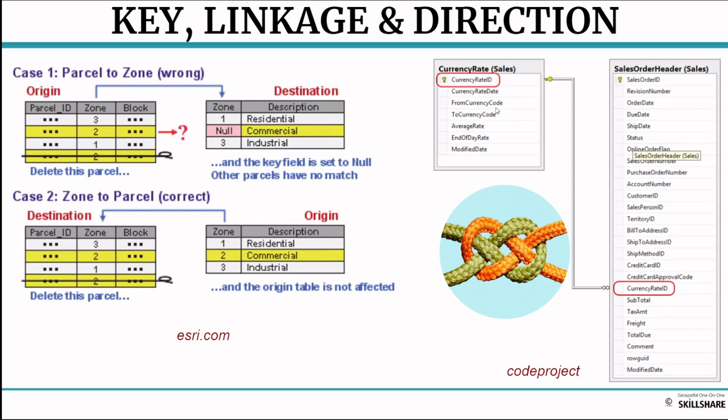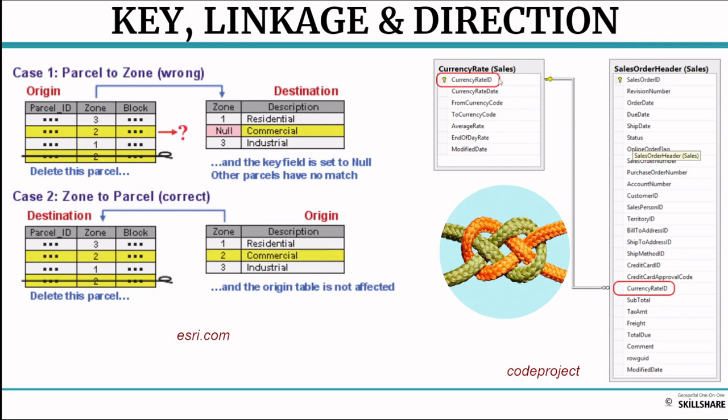Now, one of the things you would have to know is that when you are trying to do this, sometimes the key that you find is not necessarily the same. So let me use this example. You have a currency rate here, which is basically sales, and then we have a sales order, which is also part of the sales database or the sales data.